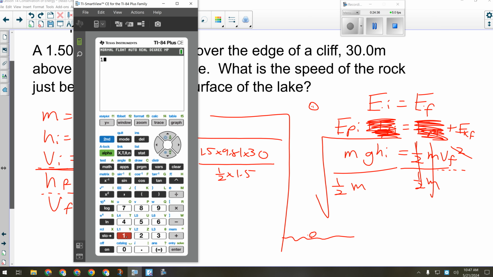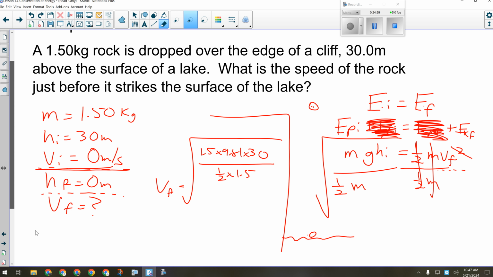So 1.5 times 9.81 times 30, divided by, in brackets, 0.5 times 1.5, and then I square root that. It's going to be moving at 24.3 meters per second when it hits the lake.